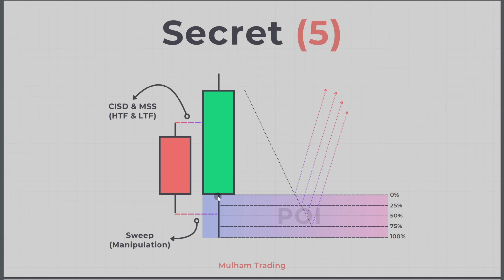What you need to do is mark this zone here of the wick and then maybe use a Gann box or Fibonacci and use all those levels here: 0, 25%, 50%, 75%, and 100%. Then you'll notice that a lot of the time, even if we're going up, price will tend to retrace to some of those levels, sometimes to the 0%, 25%, 50%, and also the 75%.